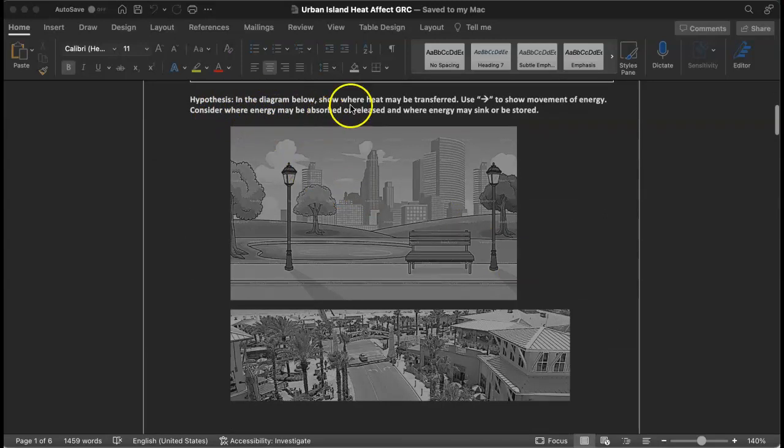In the diagram below, show where heat may be transferred, use arrows as movement of energy, consider where energy may be absorbed or released, and where energy may sink or be stored. I do not want students to just look at this gorgeous picture and be like, oh, okay, I'm looking at a city. No, I want them to interact with the picture by showing me where energy is being stored. I feel like adding an alternative text would really inhibit their learning.